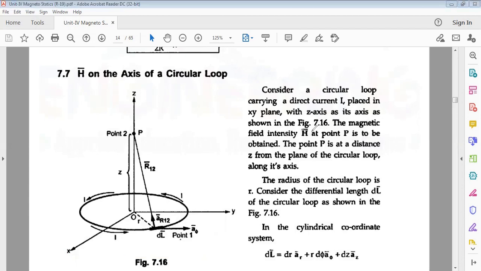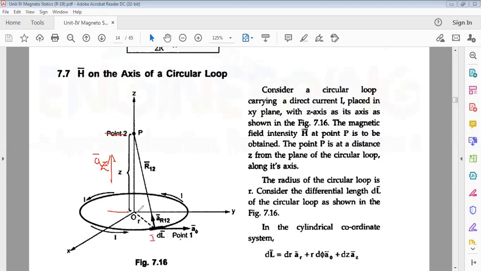The magnetic field intensity H bar at point P is to be obtained on the Z axis here. The point P is at a distance Z from the plane of the circular loop, towards a_z bar. A small differential length is assumed on the circular loop, I dl bar.